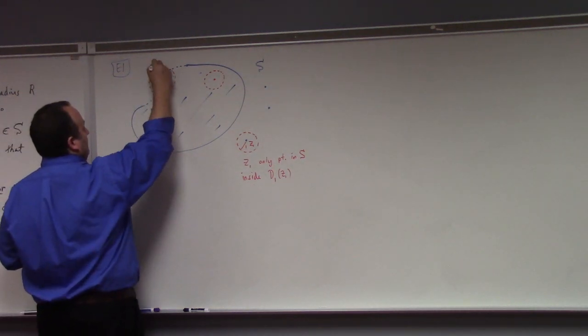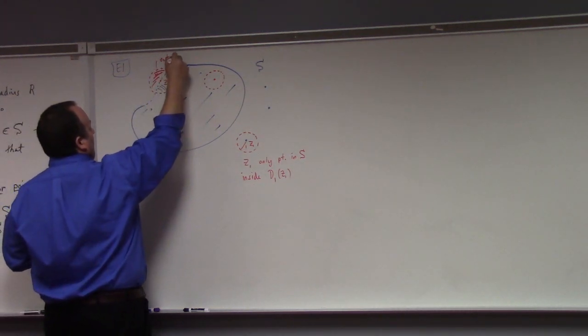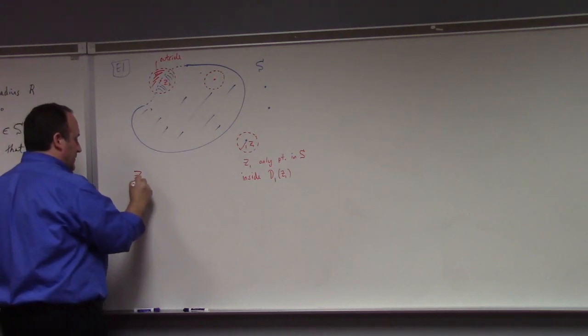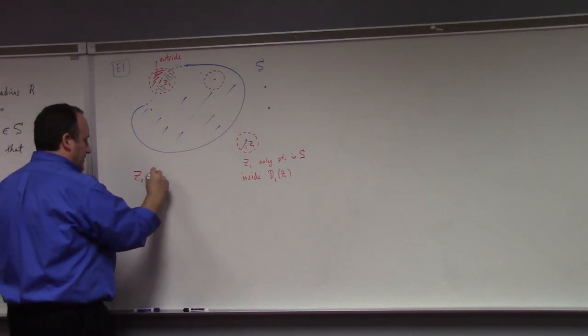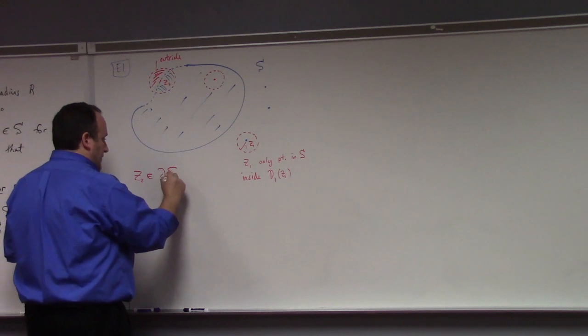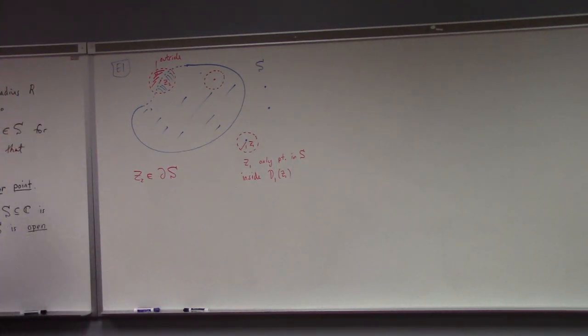Outside, right? That makes Z2 an element of what's called the boundary of S. And so we use the partial symbol for boundary. A boundary point is a point for which every open disk around the point contains points inside and outside the set. This is a boundary point, yeah.